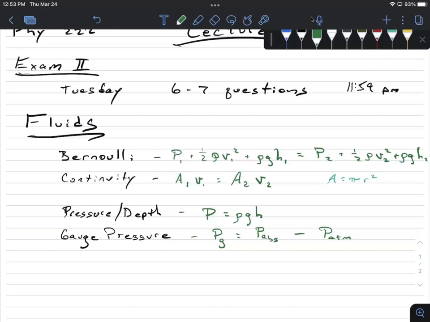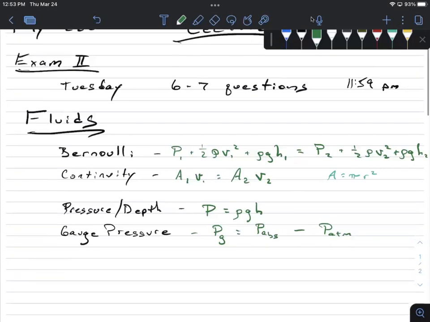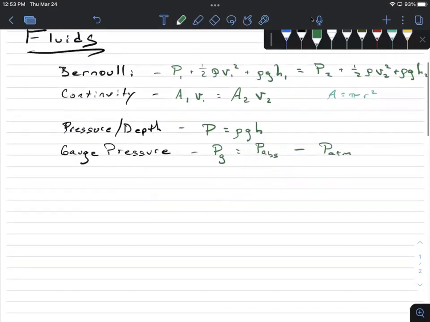But for most normal purposes in our everyday lives, we only deal with gauge pressure. And so that's why I'm using the rule: if I give you a question, calculate the pressure on something, you assume it's gauge pressure, unless the question specifically says, tell me the absolute pressure, or tell me the total pressure. All right, so that's the next little topic.